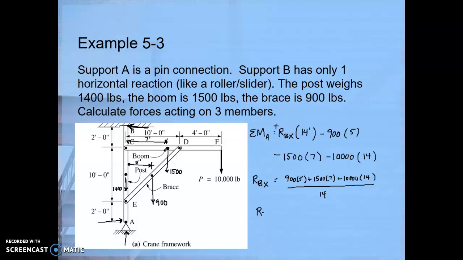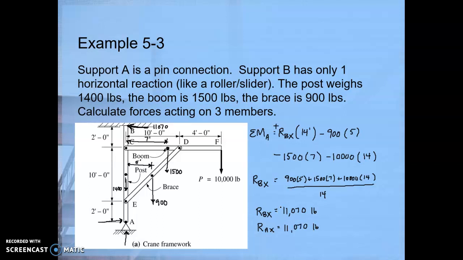So I found that RBX is equal to 11,070 if I rounded to 4 significant figures. That's how many pounds it is. So if that force is pushing to the left, then the reaction at A in the x direction has to be the same thing, but going in the opposite direction.